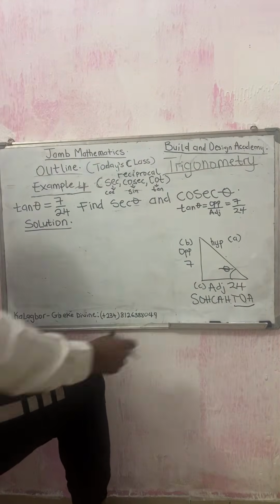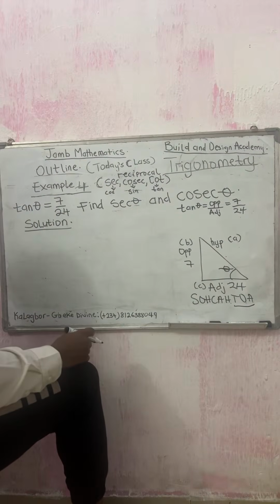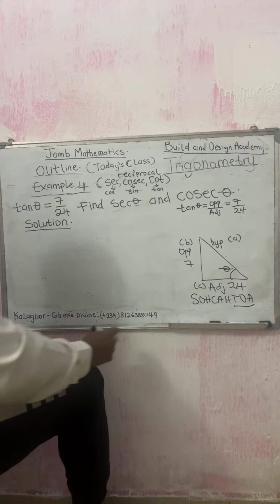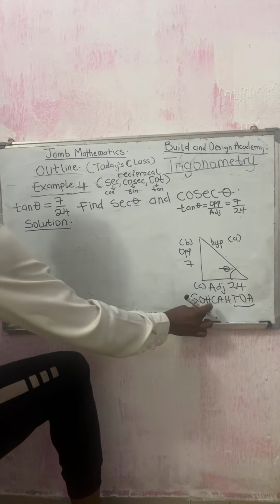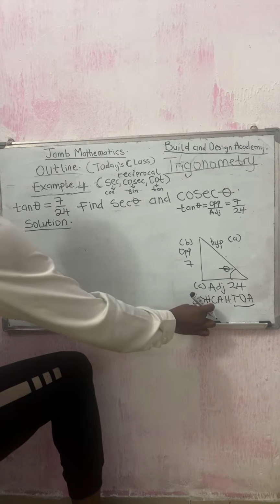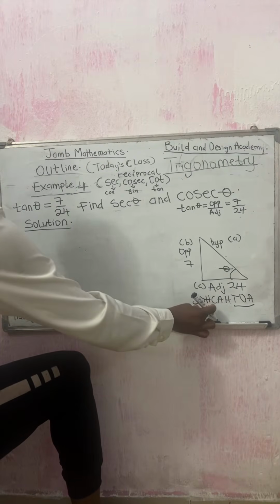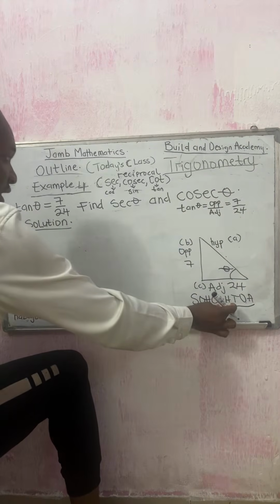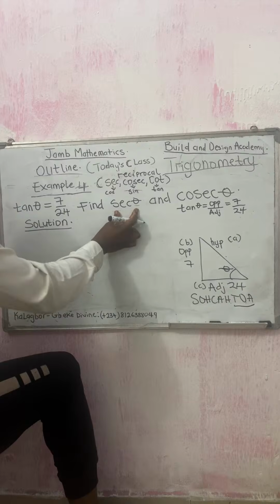Now, we don't have our hypotenuse, and we need it in order to find cos theta and sin theta. When we find them, if we take the inverse of sin theta, we will get cosec theta, and if we take the inverse of cos theta, we will get sec theta.